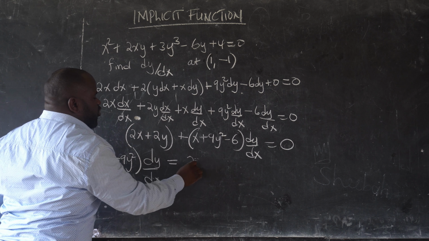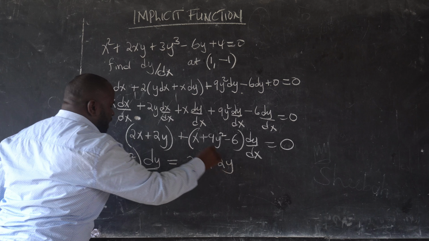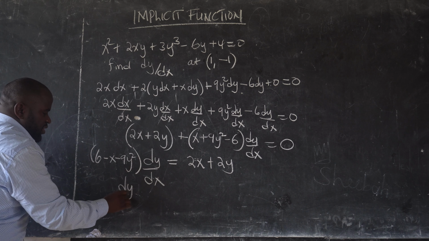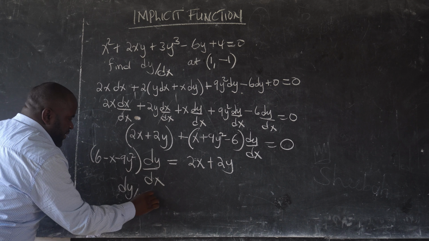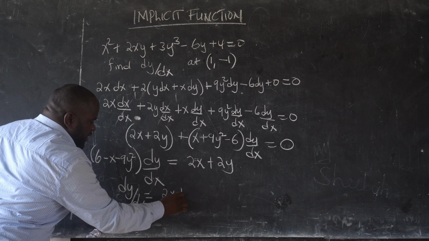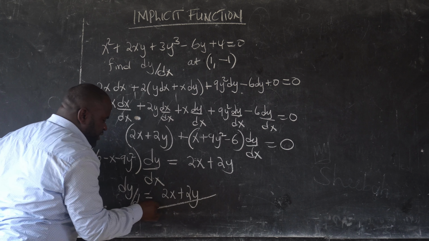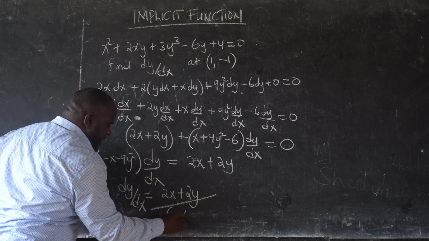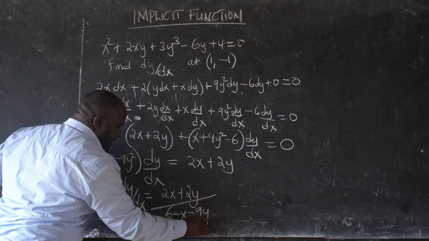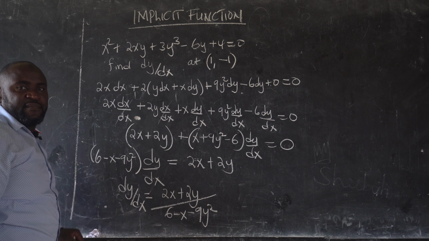So in general, dy dx will be 2x plus 2y divided by 6 minus x minus 9y squared.